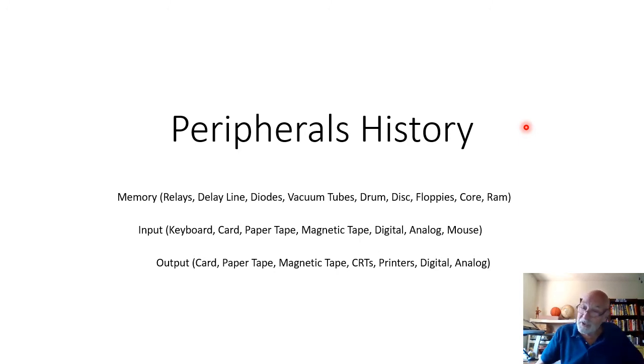Okay, of course, it's a lot faster now, and it's a lot smaller now. But the peripherals really made the big change, especially in memory. Okay, again, we started off, you remember, on those mainframes, we had relays for your secondary storage, and we had vacuum tubes for your primary storage.